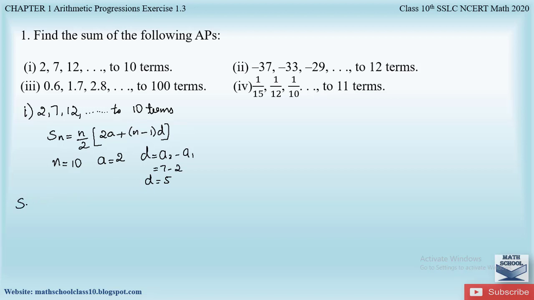So the sum of 10 terms, S10, is equal to n, which is 10, divided by 2 into 2a, a is again 2, plus n minus 1, that is 10 minus 1, into d, which is 5.